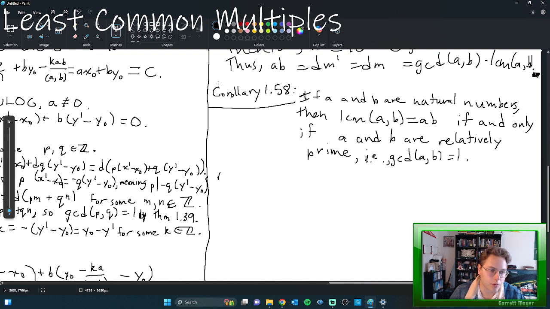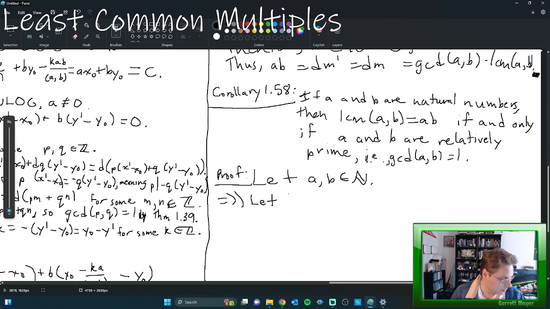Okay, so our proof. We're just going to let a and b be naturals. And then for the first direction, because we're doing a biconditional here, let the least common multiple of a and b equal ab.